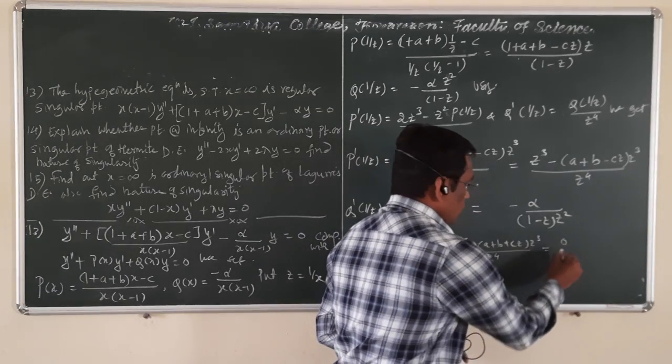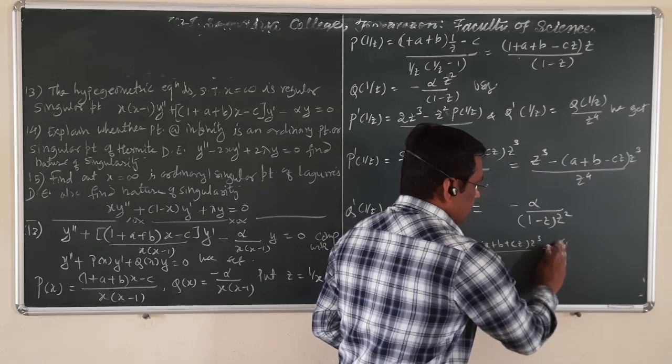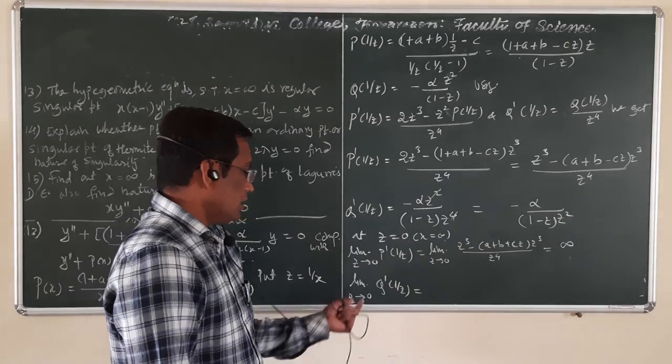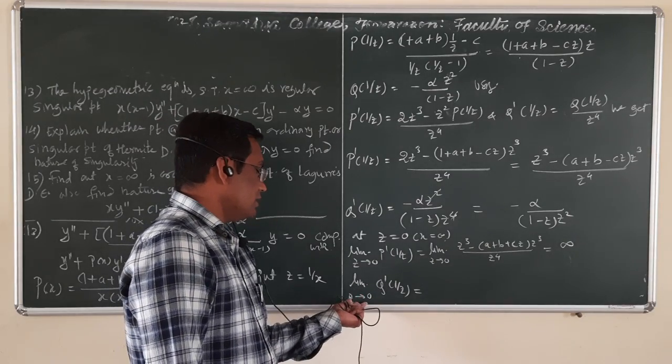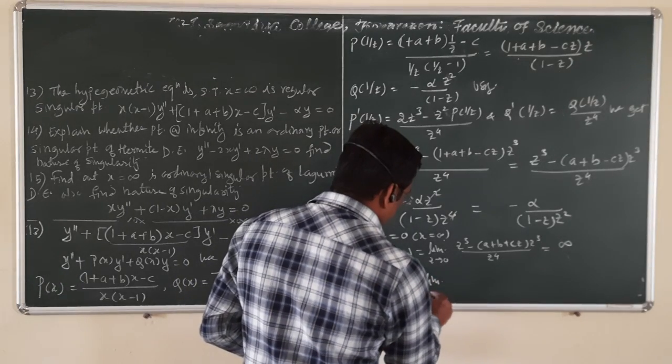So 0 divided by z raised to 4 is 0 upon 0, which is an indeterminate state.